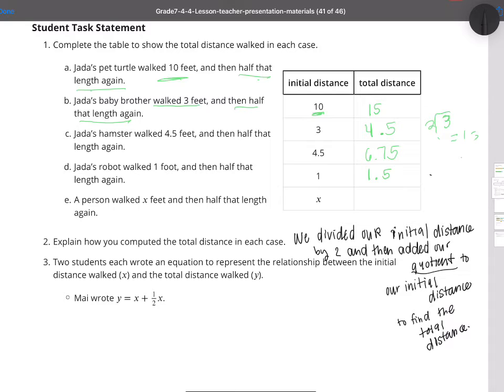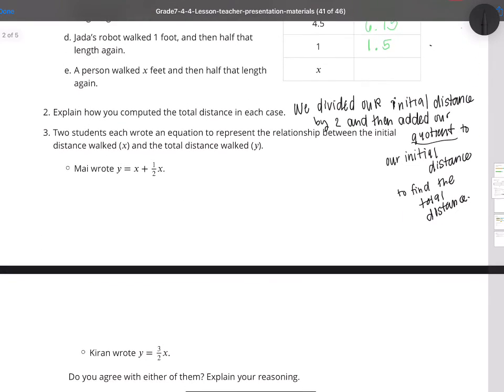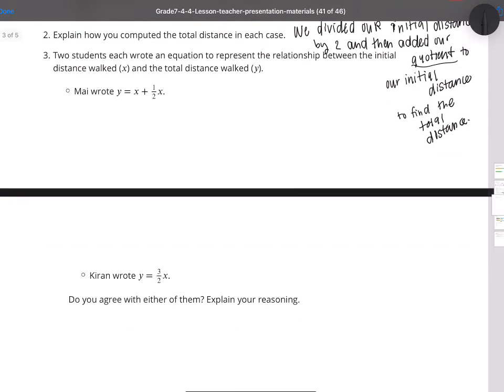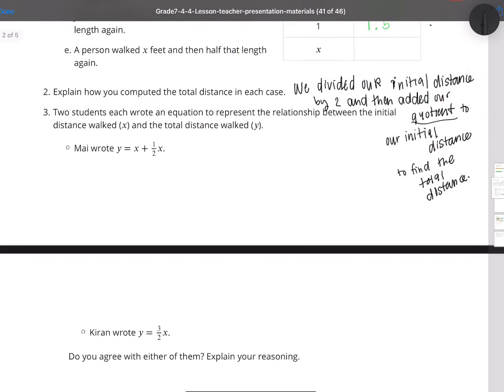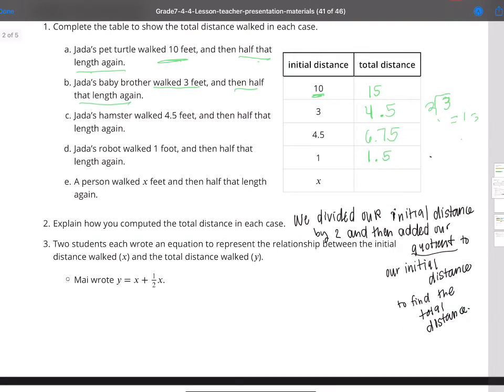Okay? So then it said two students wrote each equation to represent the relationship between the initial distance walked x and the total distance walked y. May wrote y equals x plus 1/2 x. And Kyron wrote y equals 3/2 times x. Do you agree with either one of them? Let's look at this.